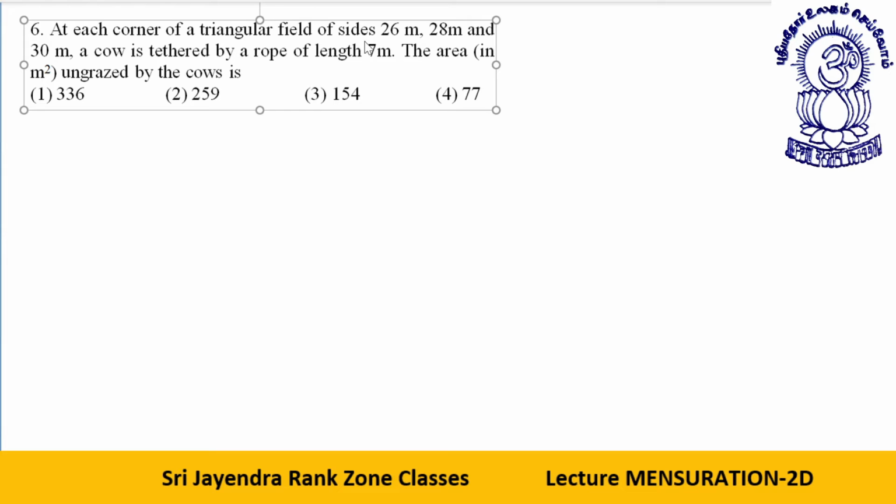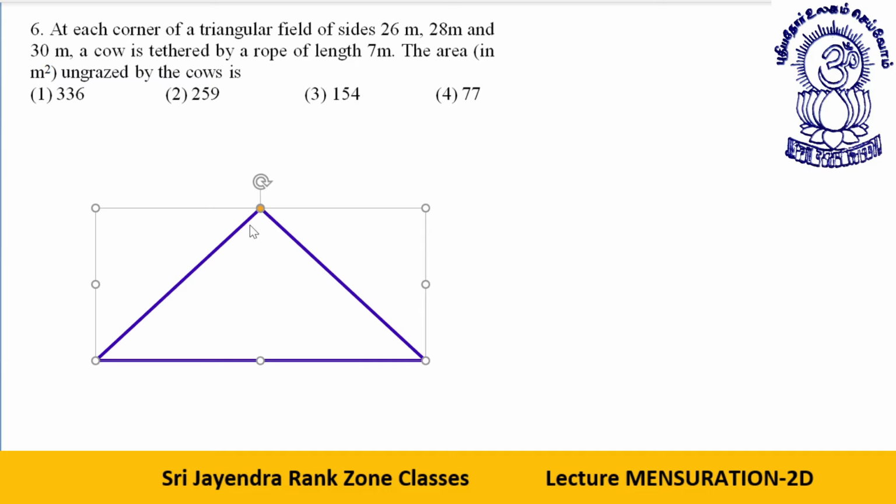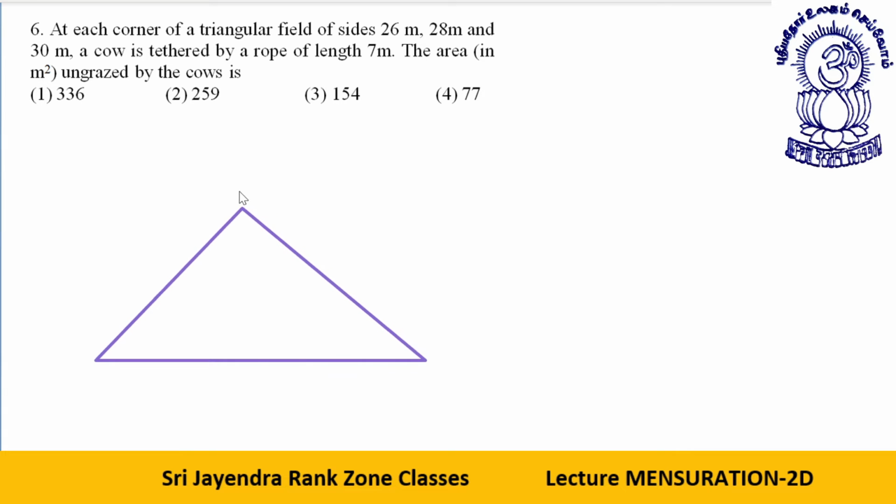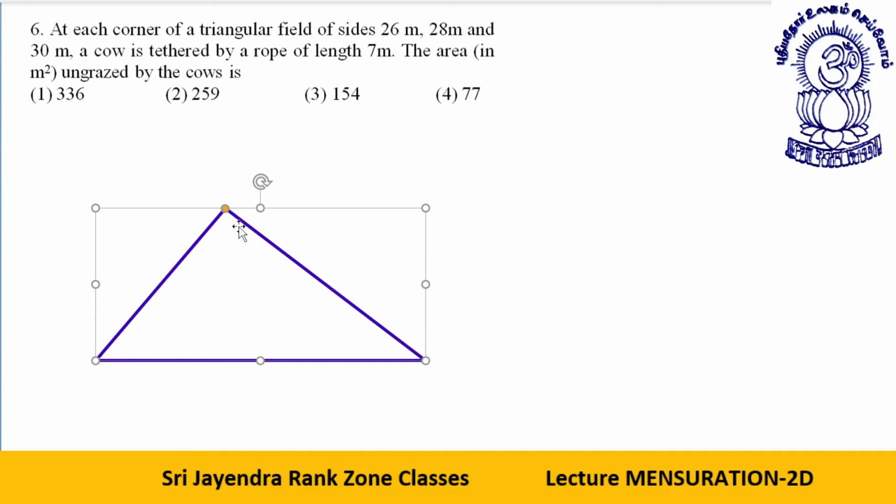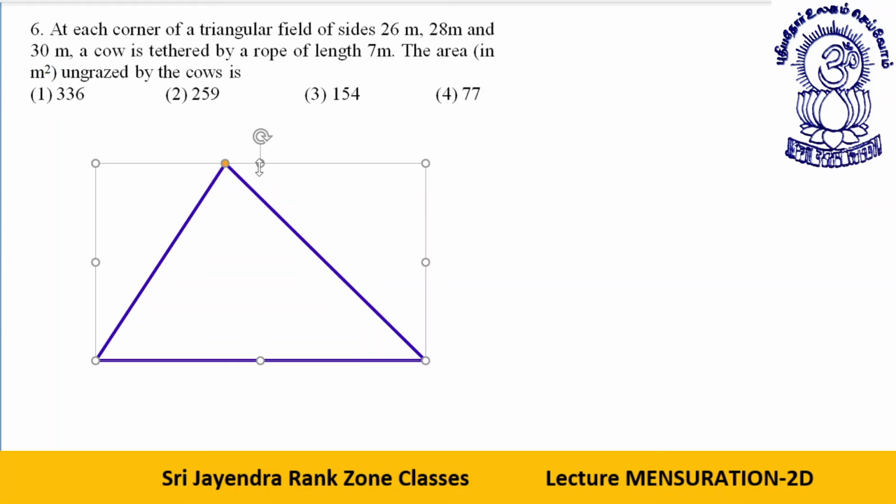Let's take a triangular field of side 26, 28, and 30. Let's say this is 26, 28, and 30.